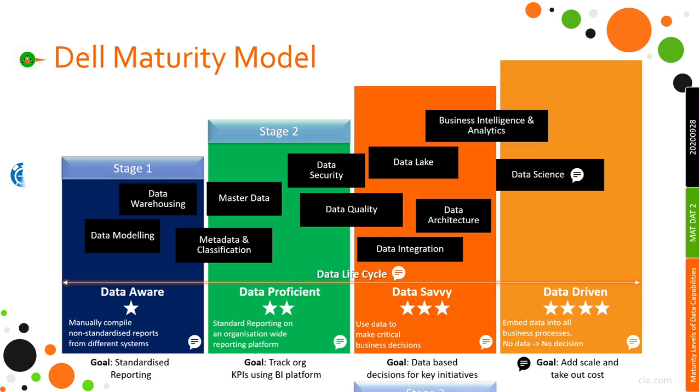Stage 3. In the data-savvy stage, organizations are using data to make critical business decisions for key initiatives. This is the stage where the all-important business and IT partnership goes to the next level. And executive sponsorship is put in place to quickly break down both organizational and data silos.